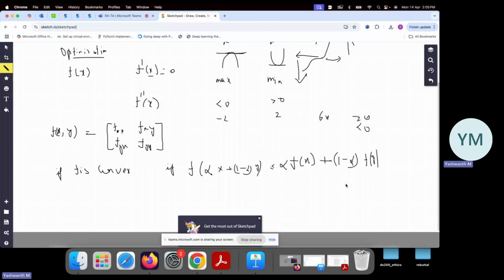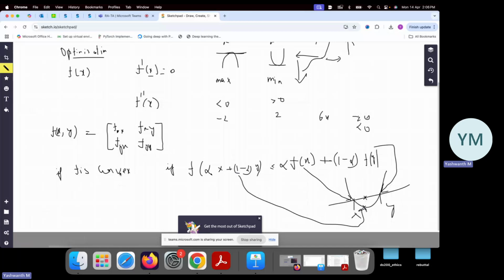For example, a function of this sort is convex. Take this x and this y with some alpha. This point lies here, and the function always lies below the line connecting f of x and f of y. So the function value is lower than the interpolated value.